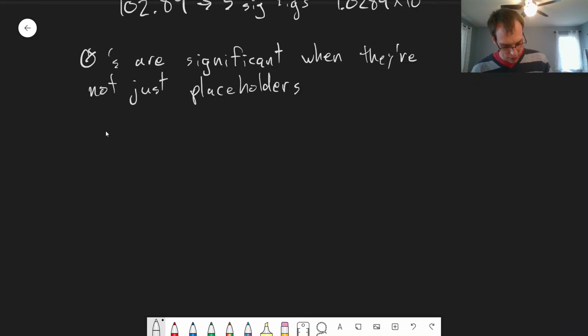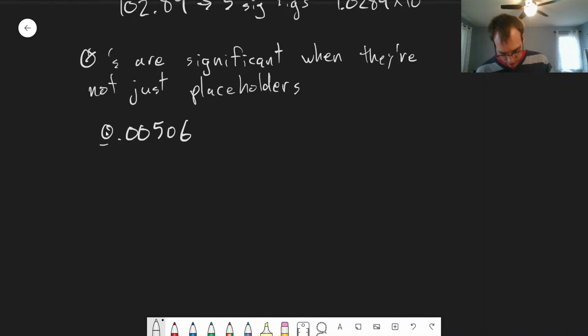Zeros are often used to just sort of shift a number to the correct order of magnitude, power of 10. So if we have, say, a number like 0.00506, doing one that has zeros that are both significant and not significant on purpose.